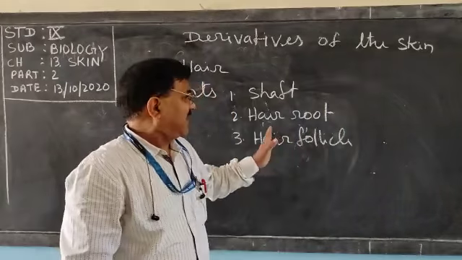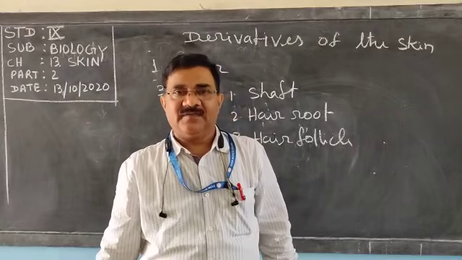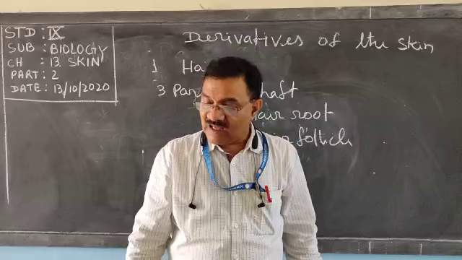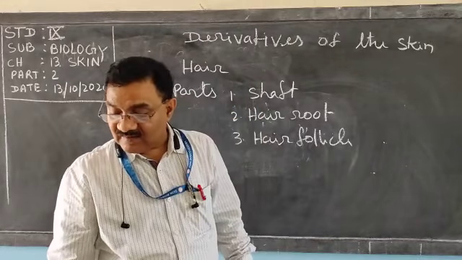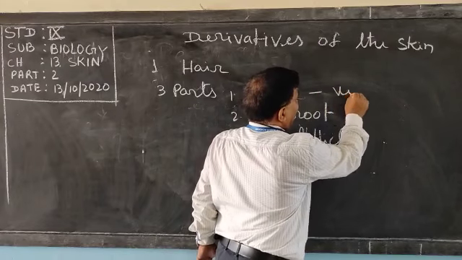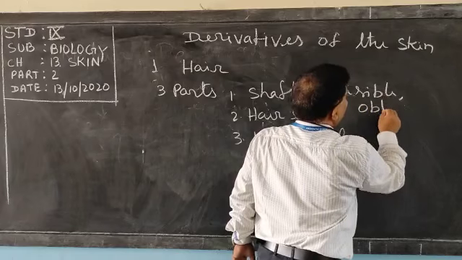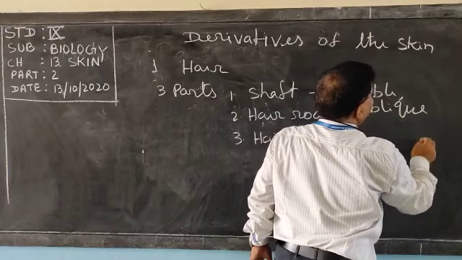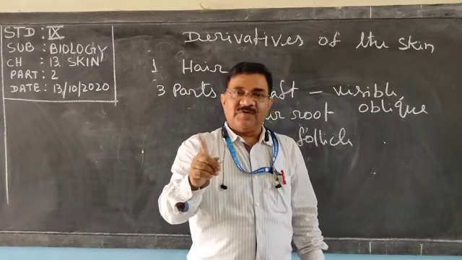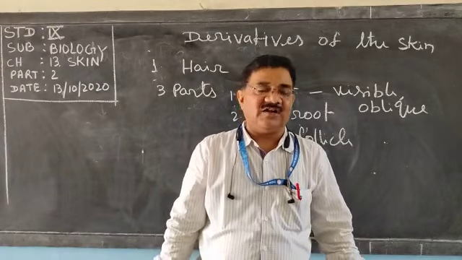The part of the hair which is visible from outside is the shaft. It lies obliquely to the skin, not straight, because when it becomes straight, that is called rongta khada hona.